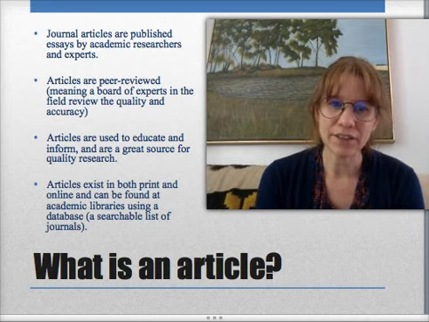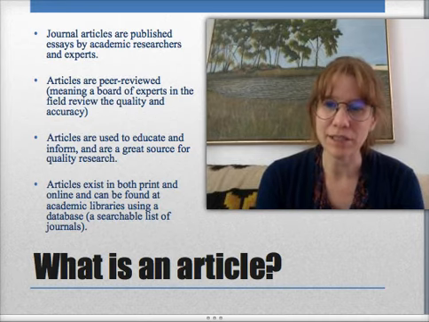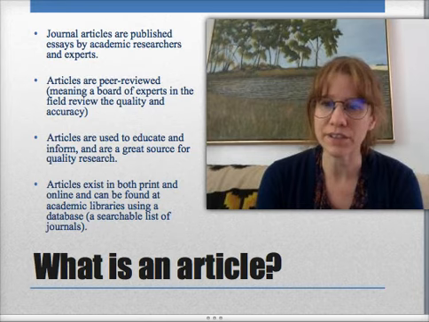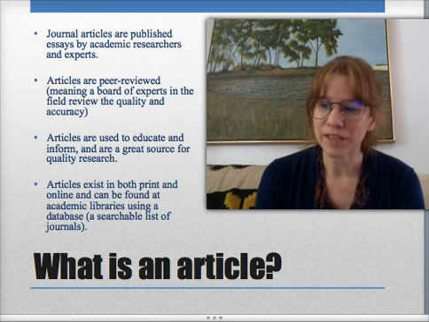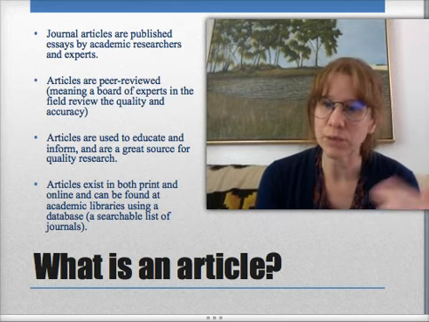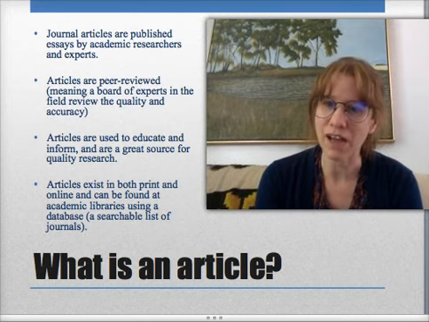And then to find an article, you do have to go through academic libraries like the U of R or Sask Polytechnic Library, because there are many journal articles. If you search just through Google, you'll be blocked at a certain point and it won't let you access it.